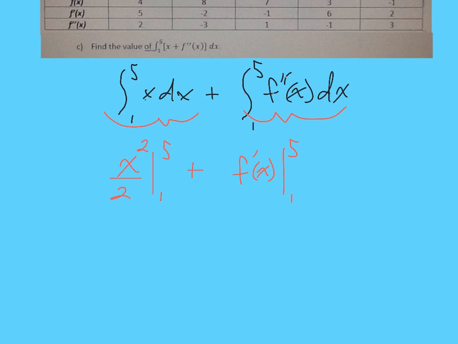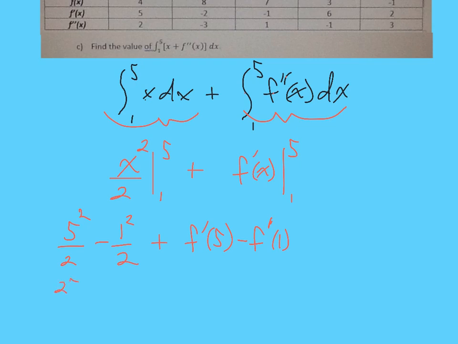Okay, so let's continue on in the first part. This just becomes 5 squared over 2 minus 1 squared over 2 plus this whole part becomes f prime of 5 minus f prime at 1. Top minus bottom.